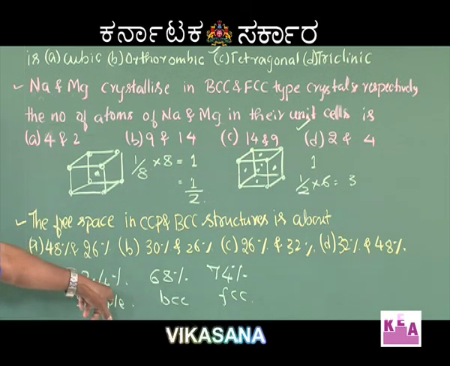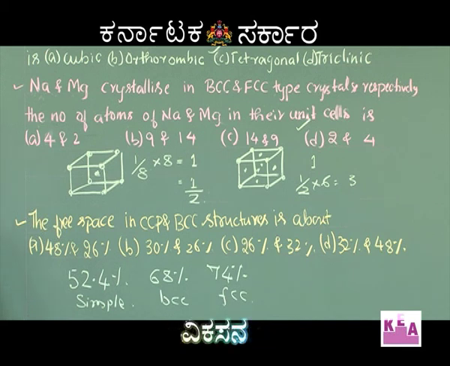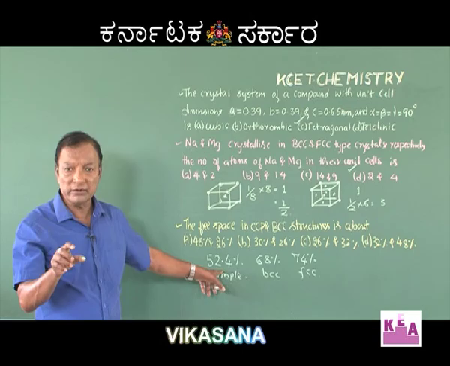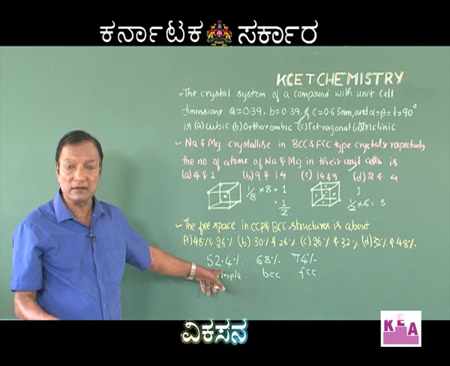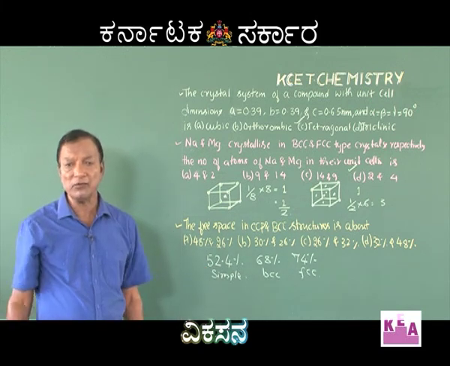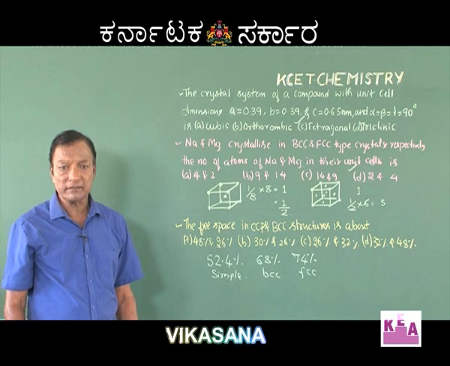In case of the simple cubic unit cell, the packing efficiency is least. Look, we are surprised to note that only half of the space is used by the particles, just about 52.4%. In other words, almost half is empty space.